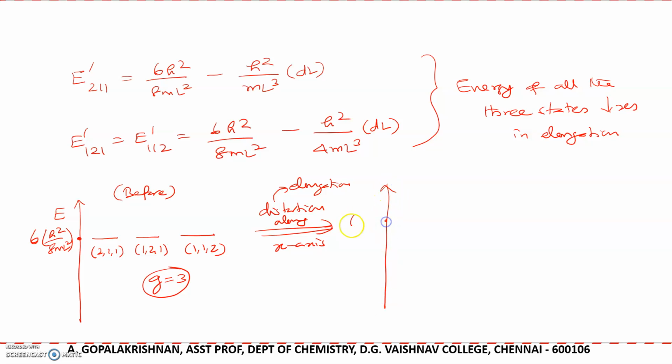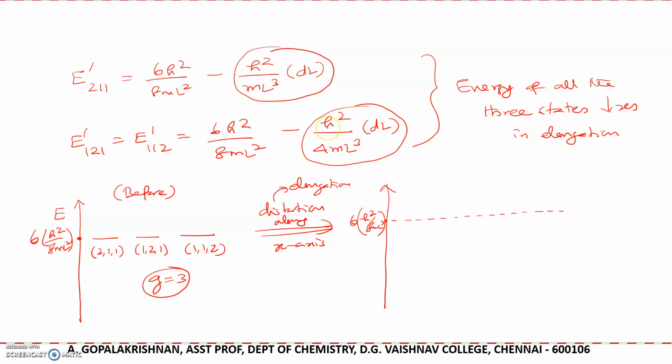See, this is the energy level of 6h square by 8 ml square. This is the original level before distortion. Now what happened was the energies of all the three states get decreased. If you observe this carefully, here we have h square by ml cube, here we have h square by 4 ml cube.